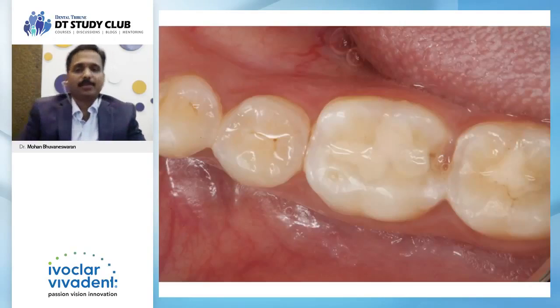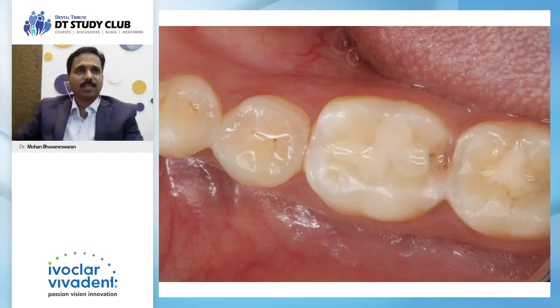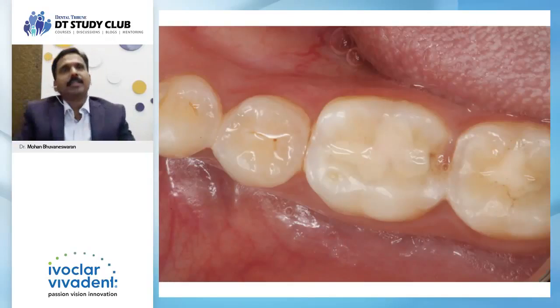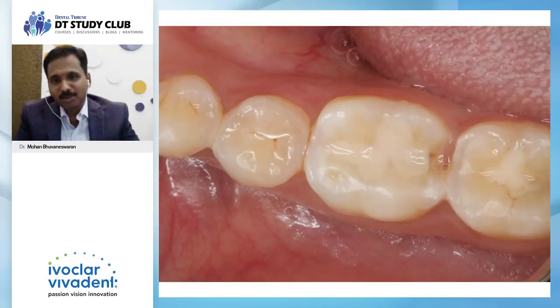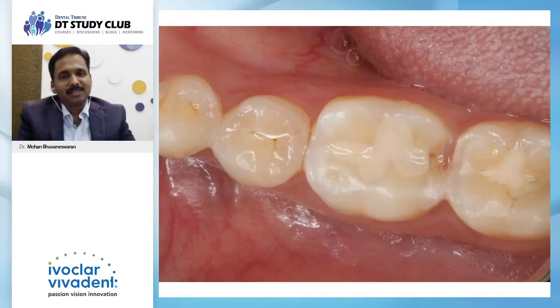Look at this case wherein glass ionomer was used, and this patient reported to us with a fractured restoration, and we saw the margin, this is what I was talking about, the margin, right? The gingival seat does not have enamel, so it's not wise to do a composite here, because at the seat area you will not be able to give a predictable success.